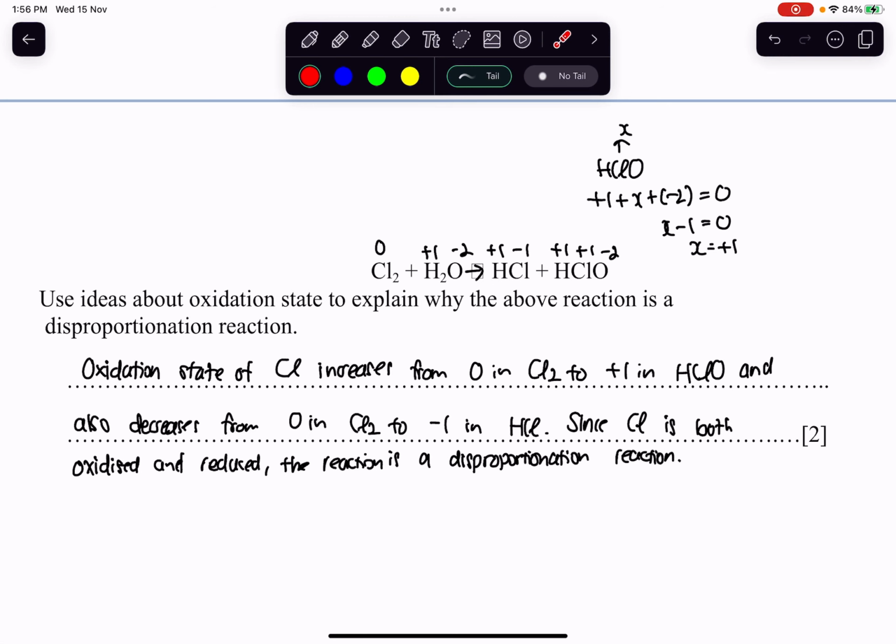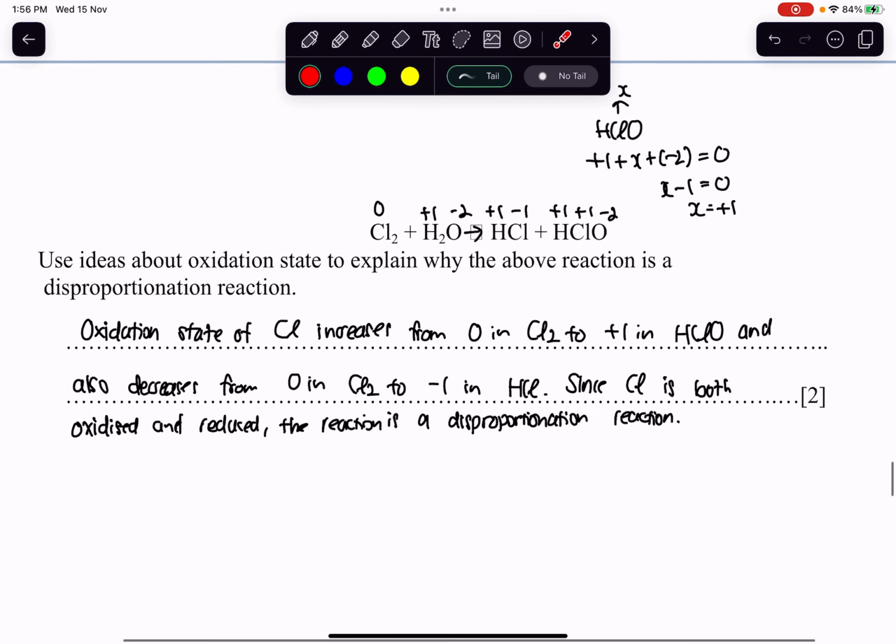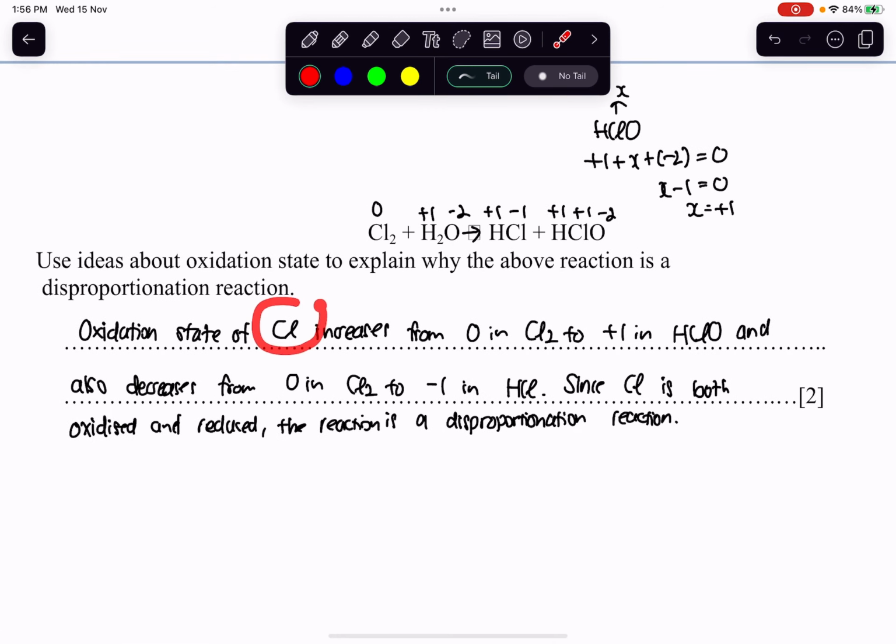Now that we have calculated all the OS, you say the oxidation state of chlorine increases from 0 in Cl2 to +1 in HClO, so in this case it is oxidized.